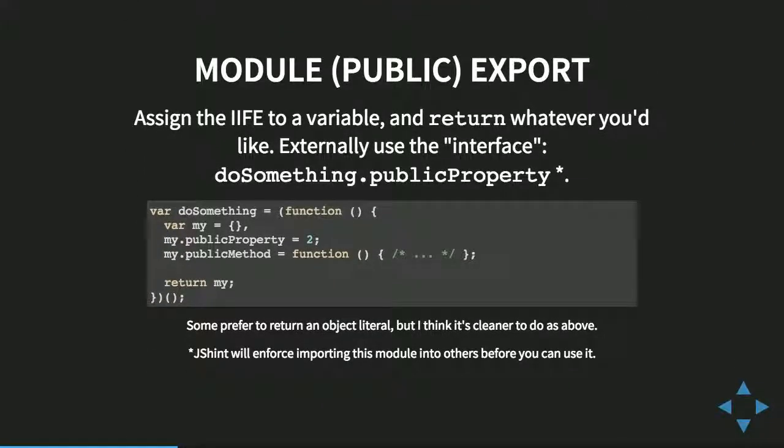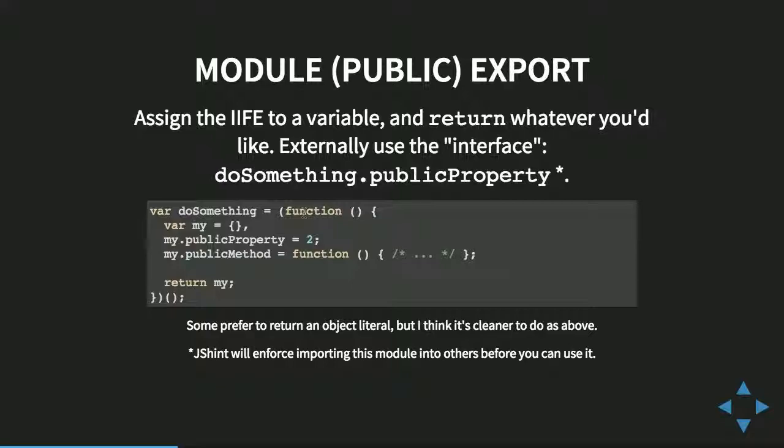Now, if you want to export something from your module, I should say, with module patterns, you're returning an object. You're always returning an object. It contains methods, properties, and so here we have this. We're returning this something called do something.